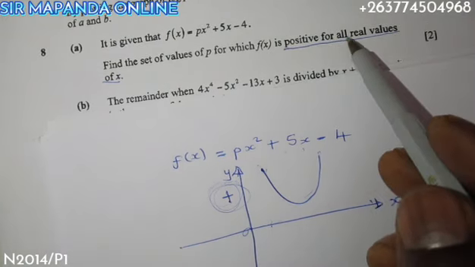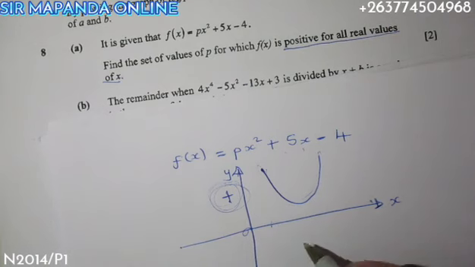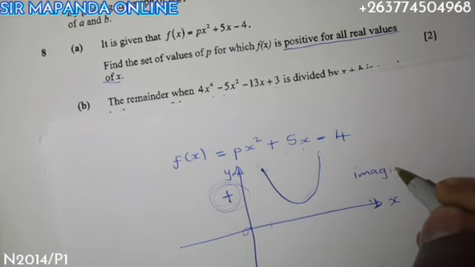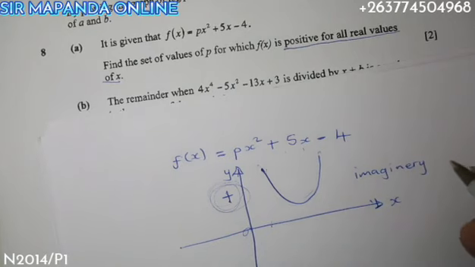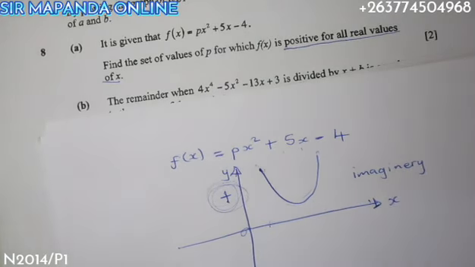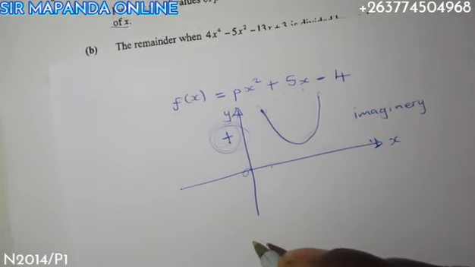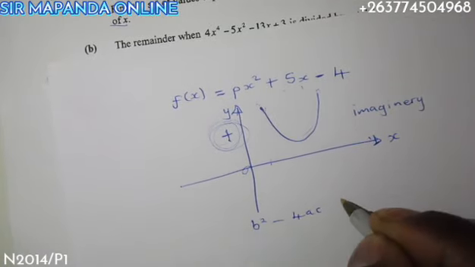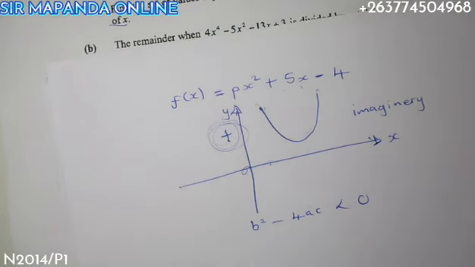So positive for all real values of x means we have imaginary roots. We do not have any real value of x. So the discriminant required is that of imaginary roots, which is b squared minus 4ac is less than 0. I hope you are following.